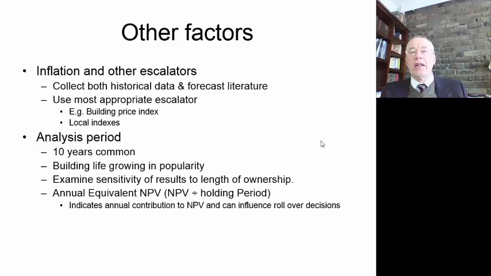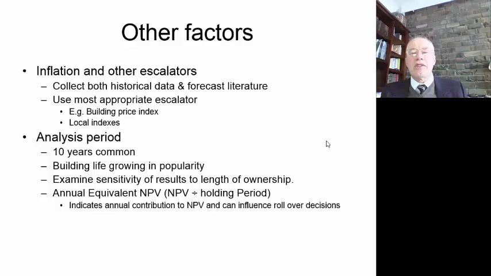You have to look at the various escalators, in particular inflation, the consumer price index. However, don't rely too much on inflation. There are a number of different specific escalators that are probably more appropriate for the property industry. In particular, the property growth rate affects anything which has a price which does follow the property market, such as property management fees, rents.